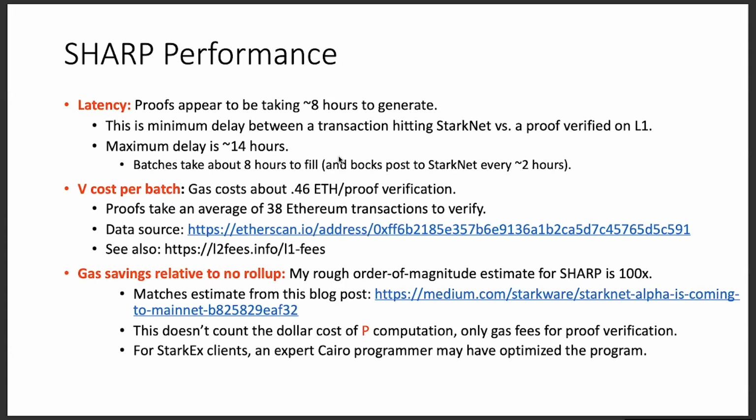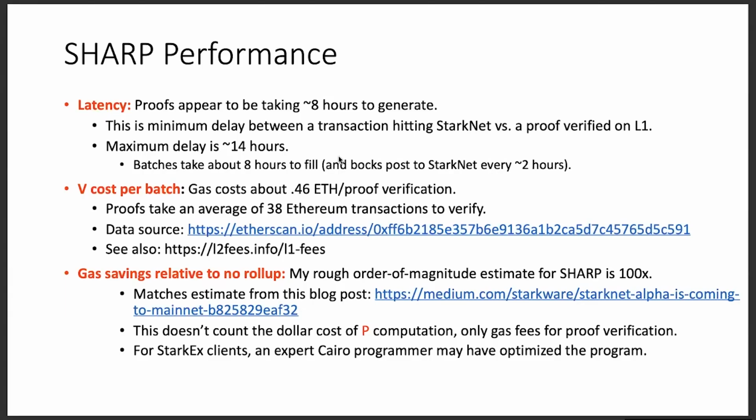Something to point out is that looking at gas costs alone misses the hidden costs the rollup provider is paying because they're running the prover, which might be killing an Amazon cluster or something, right? I don't know what those are.